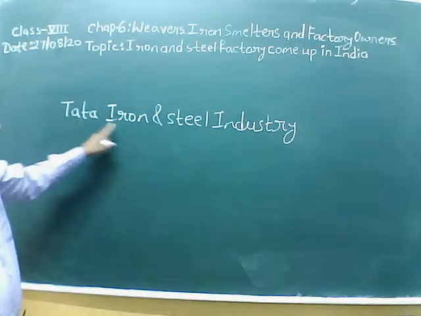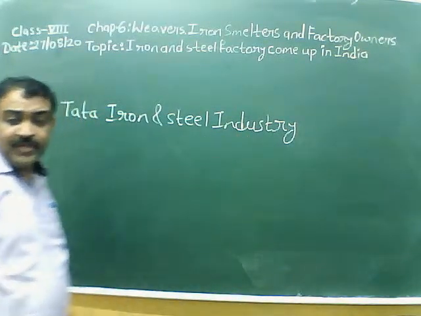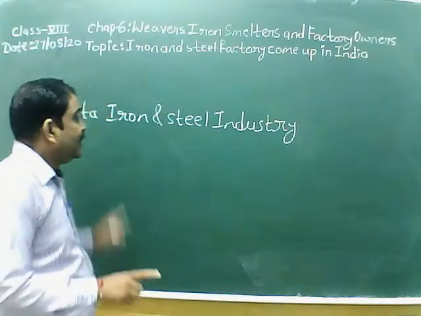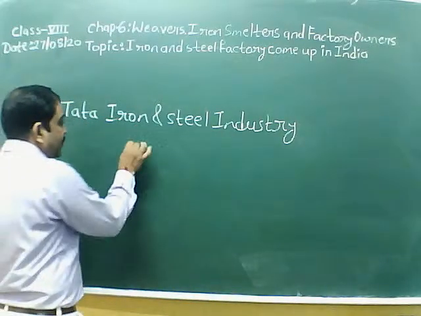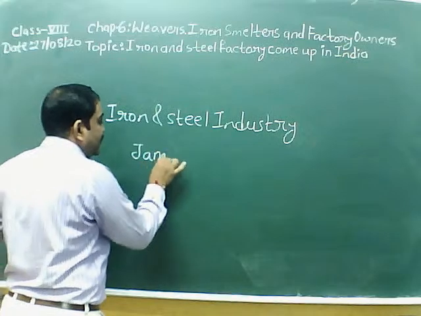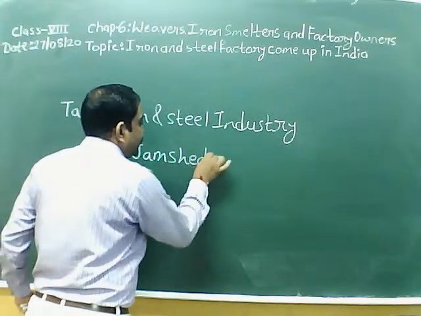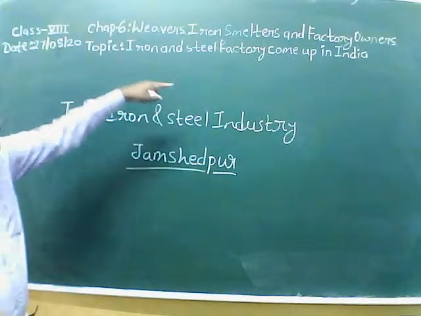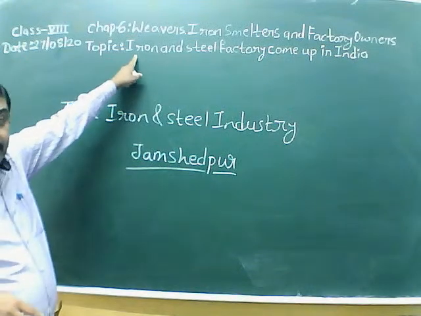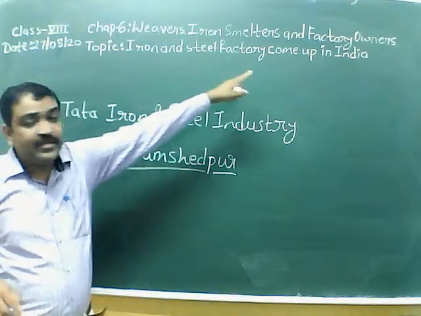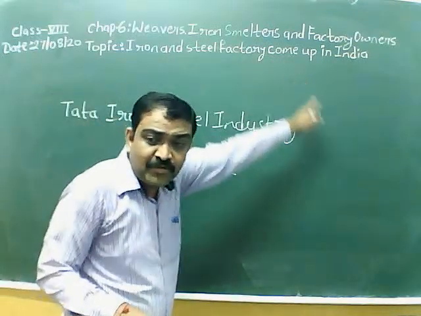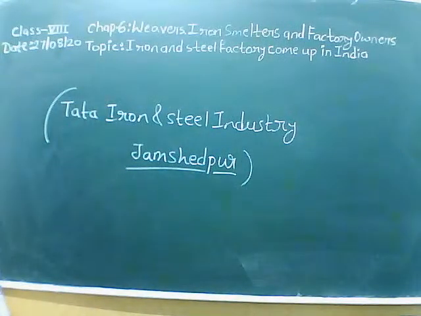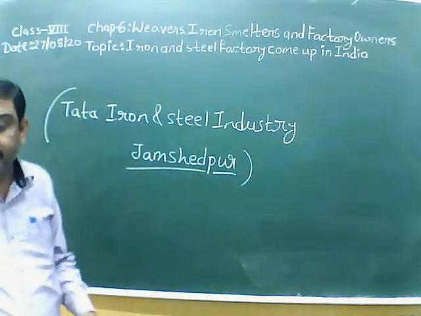In short, this entire topic is only related to the establishment of the Tata Iron and Steel plant, which is there in Jamshedpur. This entire topic, which is termed in our textbook as Iron and Steel Factory Come Up in India, is all about the Tata Iron and Steel Industry at Jamshedpur.